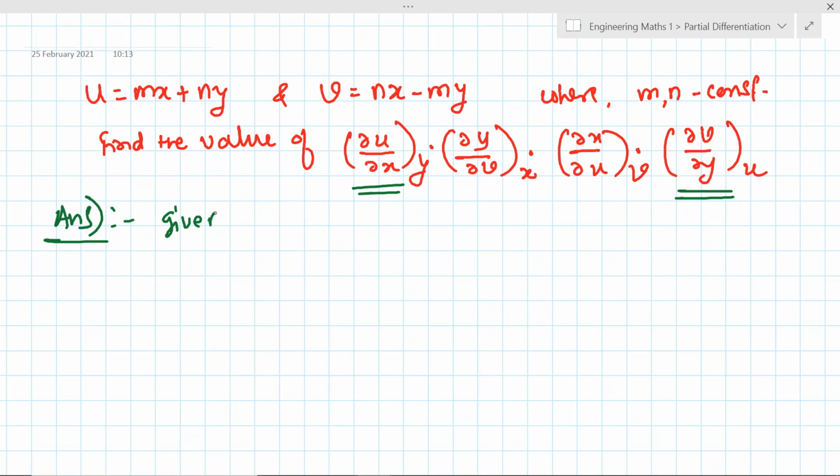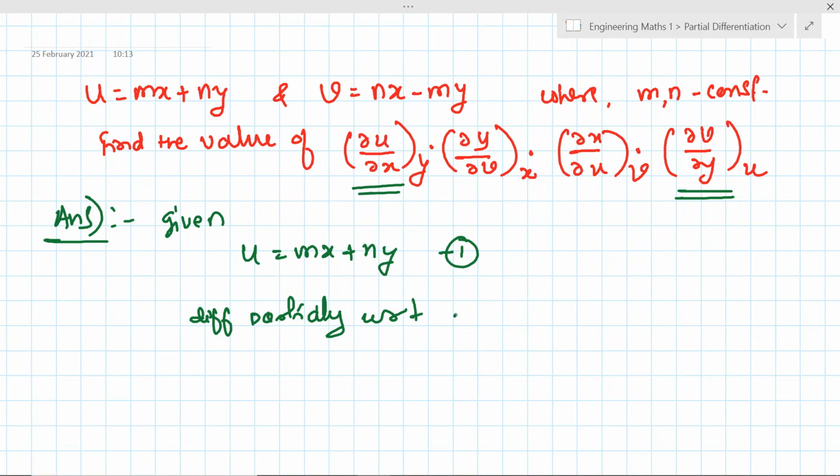Given is u = mx + ny, call it as equation 1. Differentiate partially with respect to x, ∂u/∂x treating y as a constant.